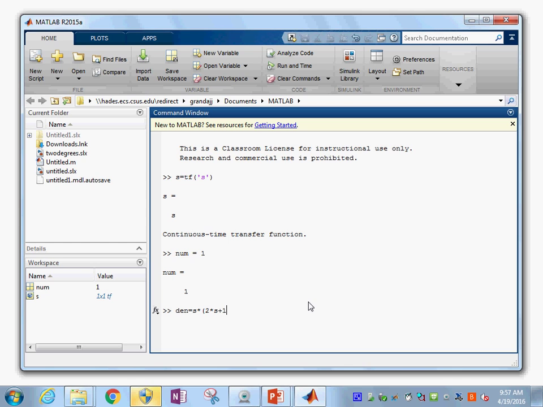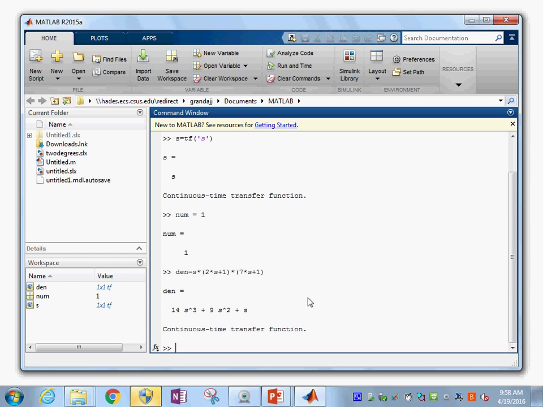And then it was a product again. We said 7 times s, and then plus 1. See, everybody agree? That's the denominator of this. And then we will put it like that.